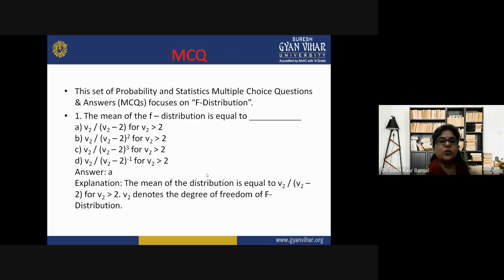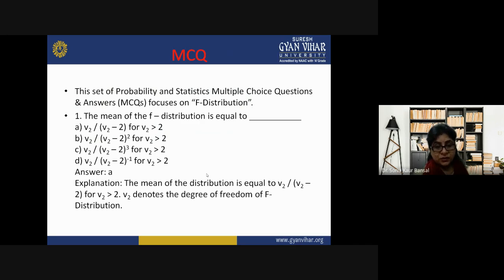Question 1 is from a set of probability and statistics multiple choice questions and answers focusing on F distribution. The question is, the mean of the F distribution is equal to V2 divided by V2 minus 2 for V2 greater than 2.